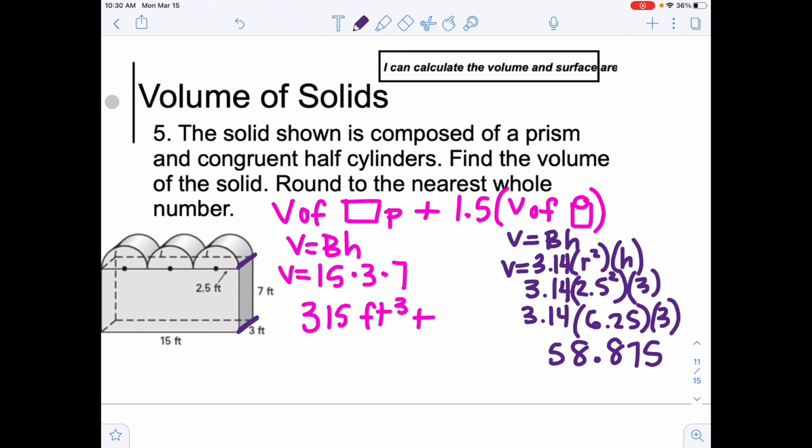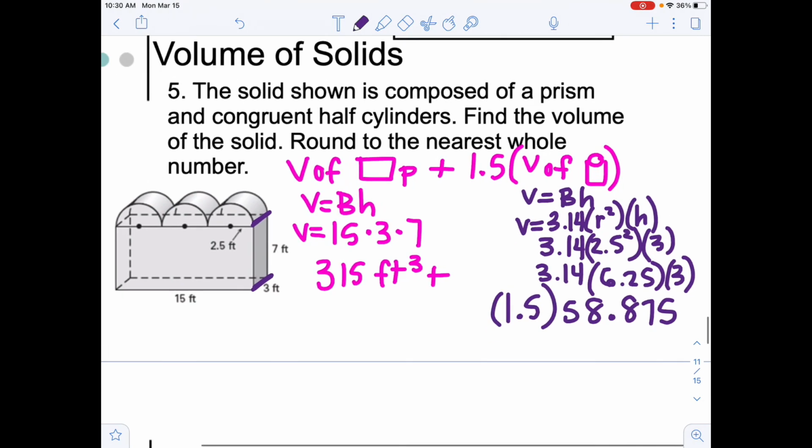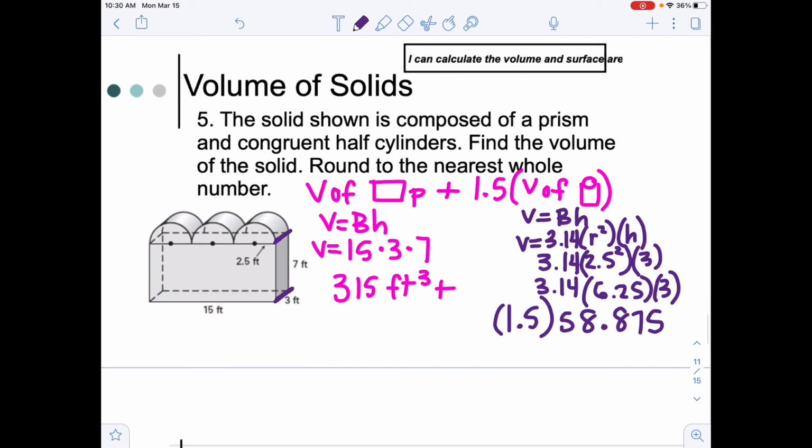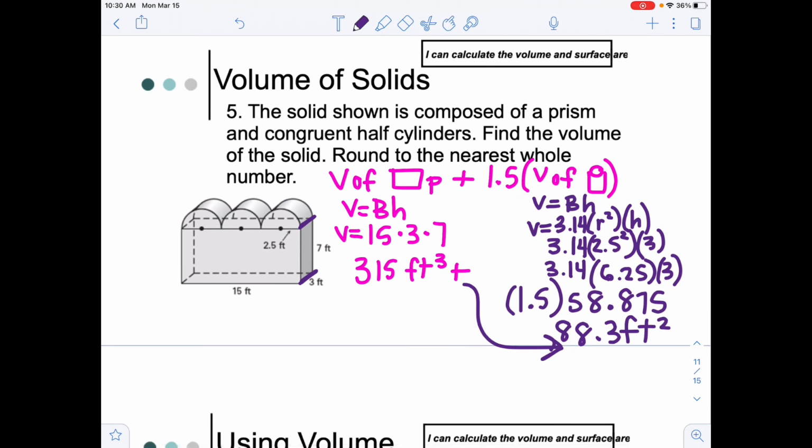So that's the volume of one whole cylinder. So what I'm going to do is take that number times 1.5 to figure out the volume of all 3 halves. And then I get 88.3 feet cubed. So I'm going to add together these 2 numbers, and it says round to the nearest whole number. So I get 403 feet cubed.